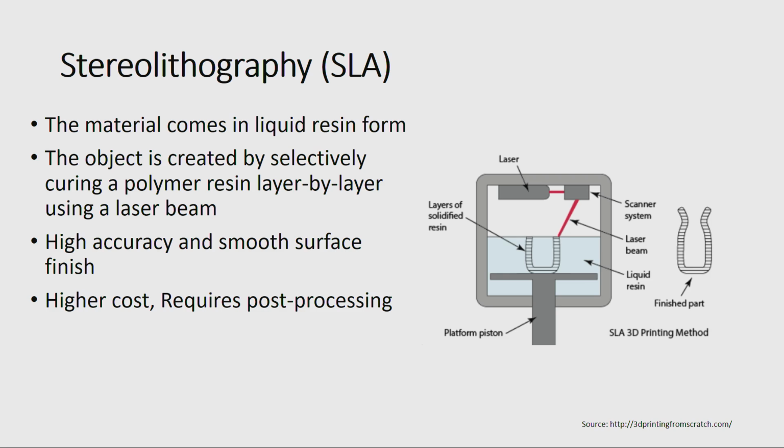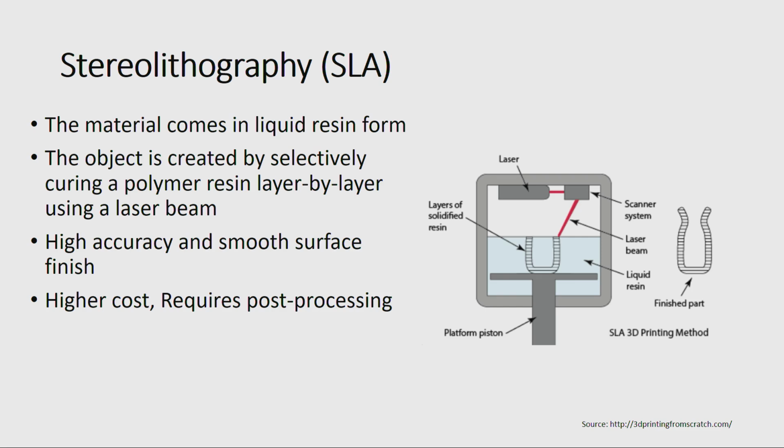The high accuracy and smooth surface finish comes at a cost. Compared to FDM 3D printers, the cost of the material, the liquid resin, is very high, and compared to FDM 3D printers, most SLA prints will require a post processing stage.